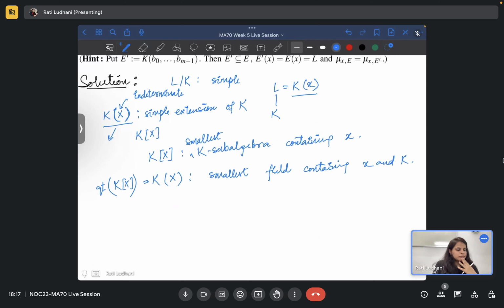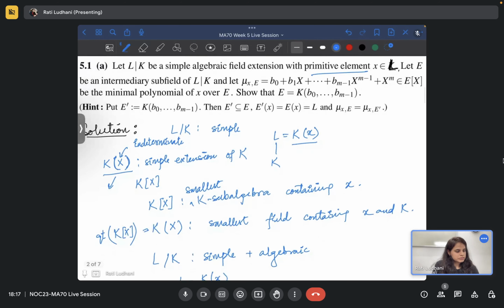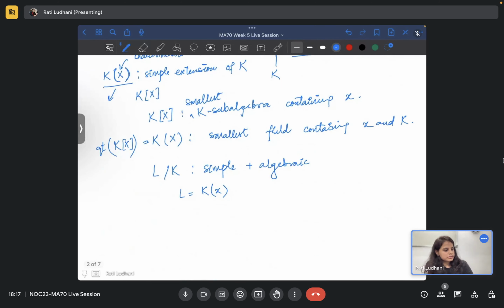So I just mean that if it is given to be simple, that does not mean this is algebraic. That you should always remember. But now it is given that this is algebraic. So can you conclude something? L is given to be something like K(x), where x is a primitive element, and this is given to be algebraic.